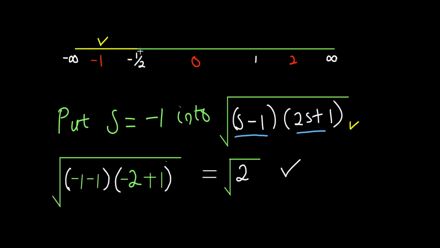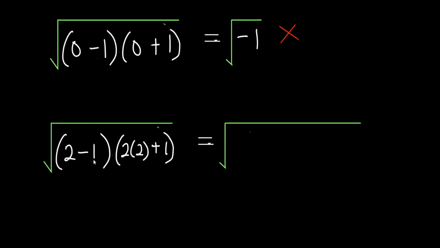Going back to our number line, we can see that from this very expression, the interval minus 1 over 2 to 1 is invalid. And of course, we know 2 minus 1 is 1, and 2 times 2 is 4 plus 1, which becomes 5.